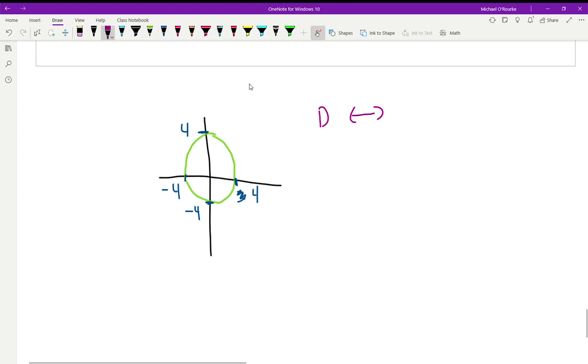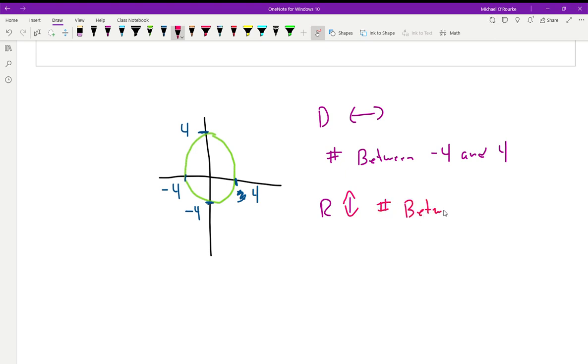If we're thinking about domain, we could say a number between -4 and 4. Well, our range is also going to be a number between -4 and 4. Okay?